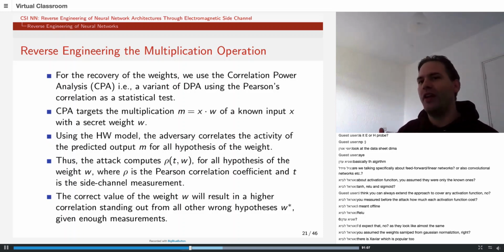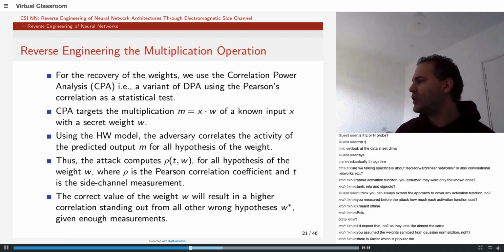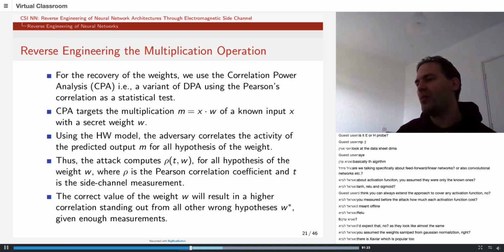So this is already telling you that the more precise we are in the weight decision, the more hypotheses we need to cover. That's why, for instance, here we said we will limit our attention to 2 decimal places, just to limit the number of weight hypotheses we need to test.